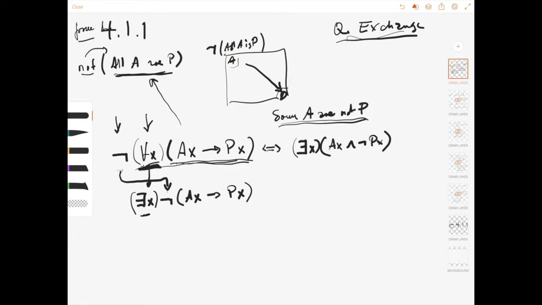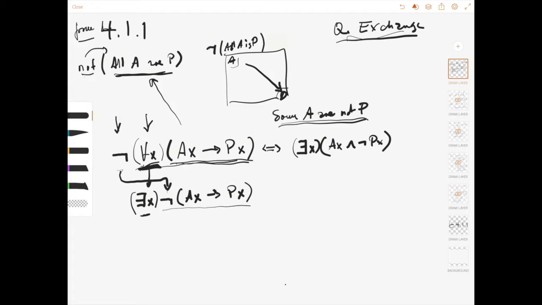Now, here, our normal propositional calculus axioms could kick in, and we could try to find a simpler expression for this negation. And so what might that be? Well, let's use the axiom that allows us to rewrite an implication as something else.